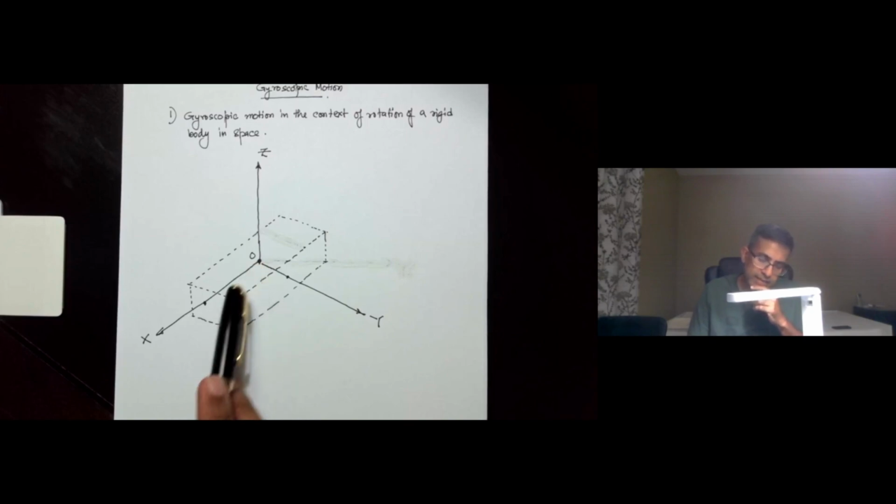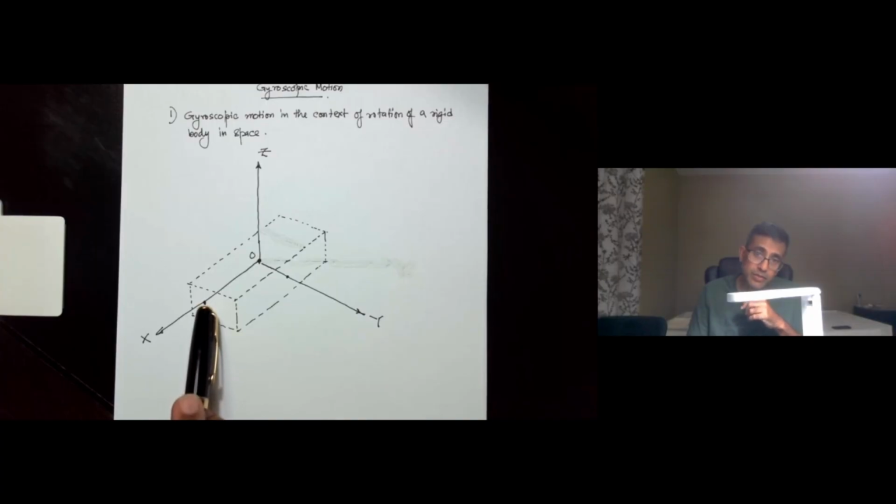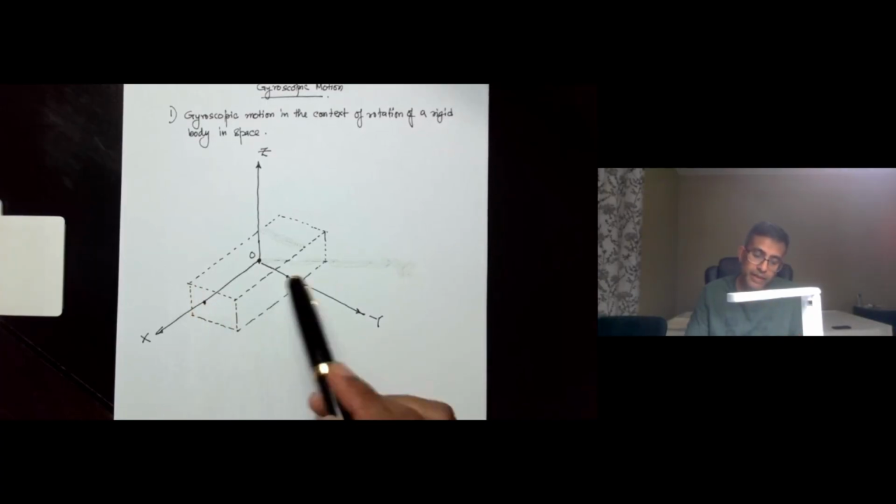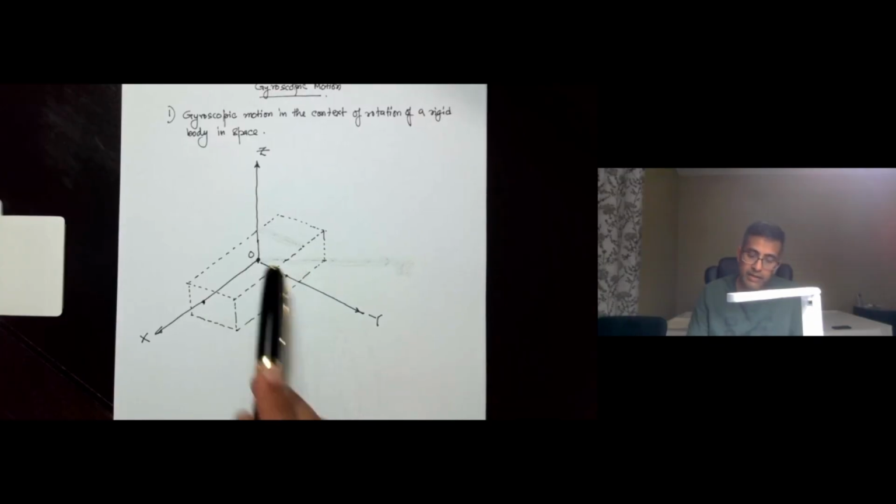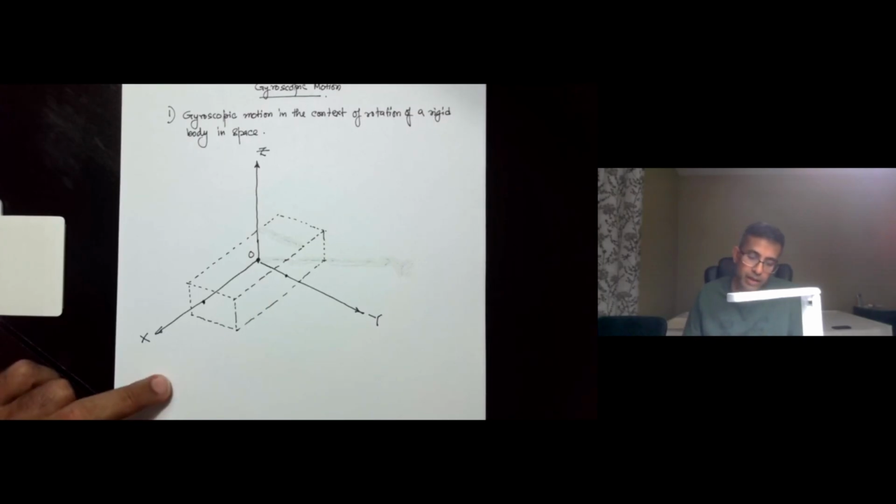So let's say that the x-axis is piercing through this face. This intersection should be at the center of the rectangle. And similarly, this axis is piercing through the center of this face. So this is the initial orientation.